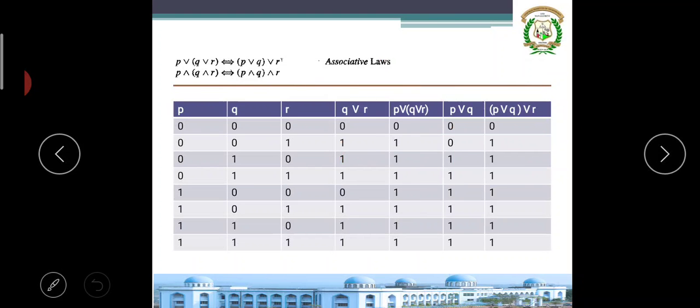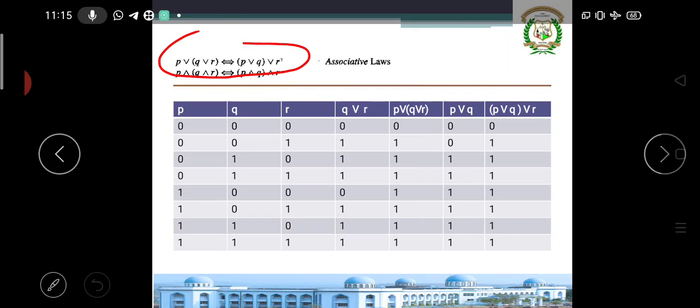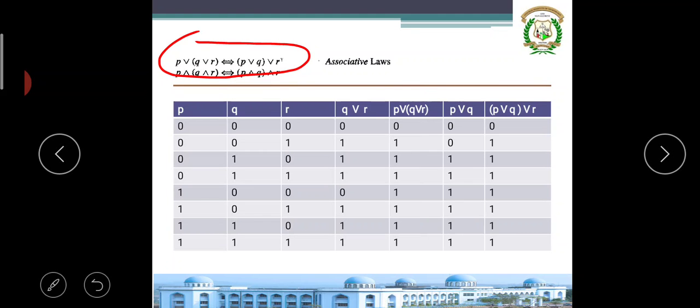Next one is associative law. What is that associative law? Carefully observe, dear students. Observe this very carefully. What it says: P or (Q or R) is equal to (P or Q) or R. So first I'll write P, Q, R values.